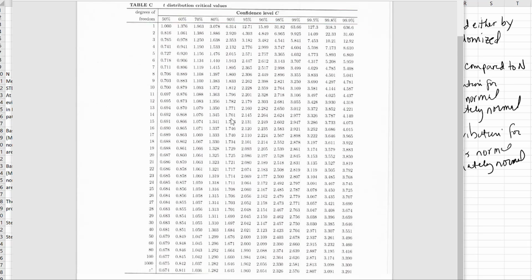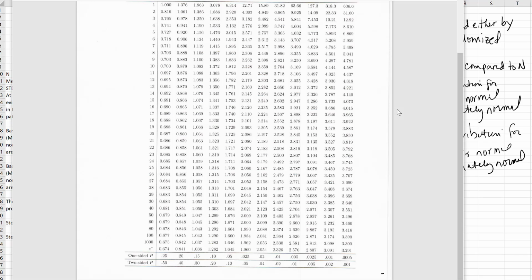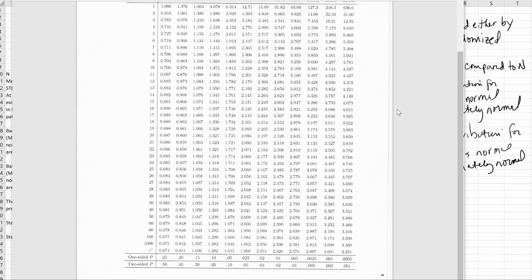But for hypothesis testing, this is what we do. We look for our alpha. These are alphas here. So you say, well, why 2 lines? This one is for a two-tailed test. We look in this row, that last row.